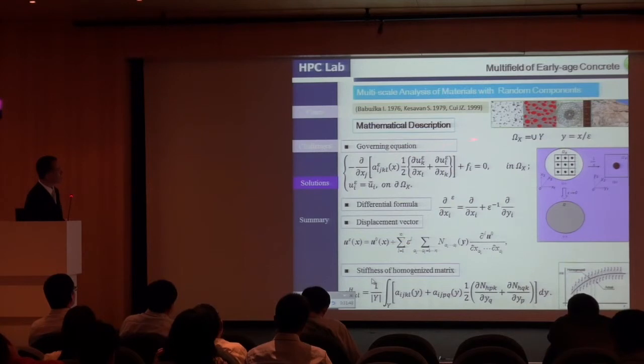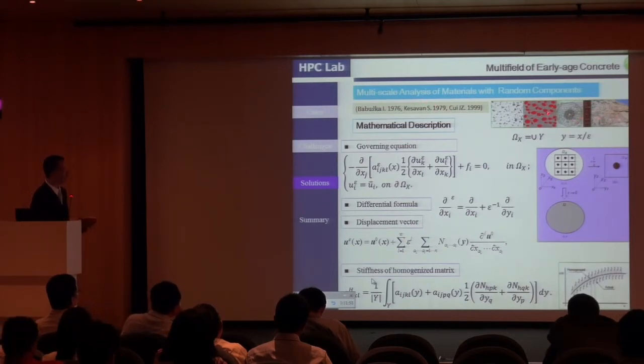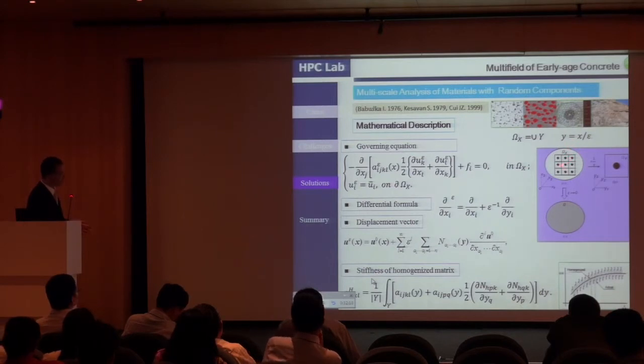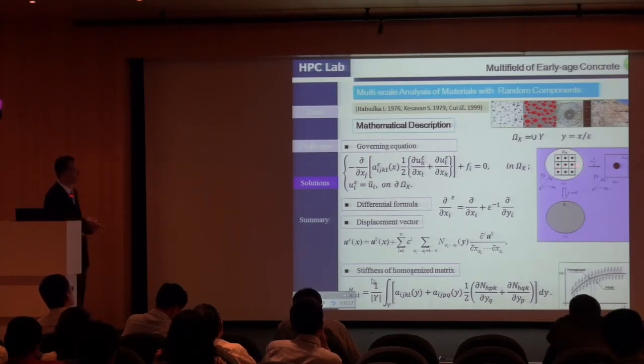We also noticed another way to do multi-scale analysis, applied to concrete, to ceramics, and also to rock mechanics. If we introduce local coordinates to represent the inclusion in a fine part, that gives an equation like this one.